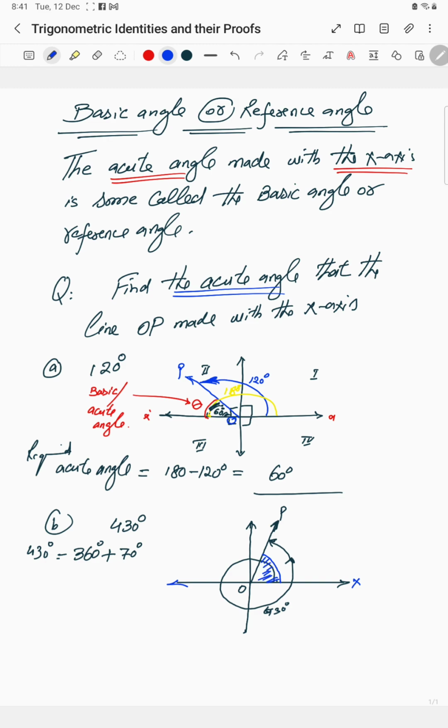As it is more than 360, it falls in the first quadrant again. So as I have calculated here, it is 70 degrees. After making a complete rotation, the angle becomes 0. It will initialize the circle at 360. So the basic angle here is 70 degrees.